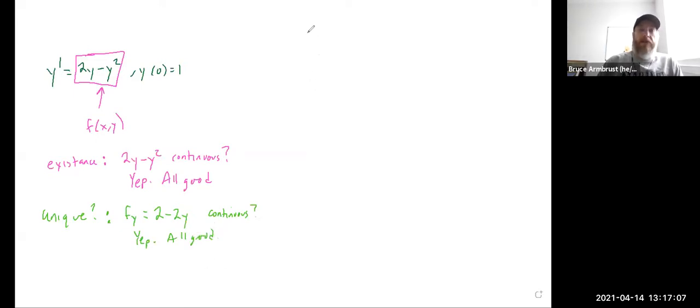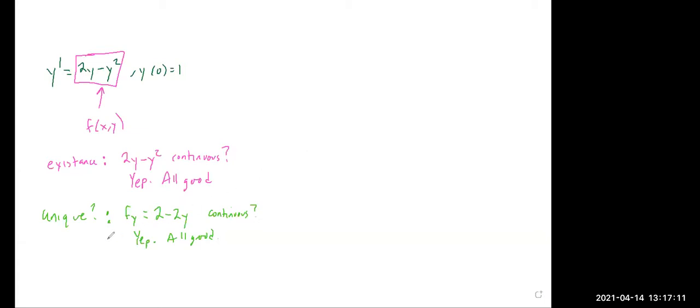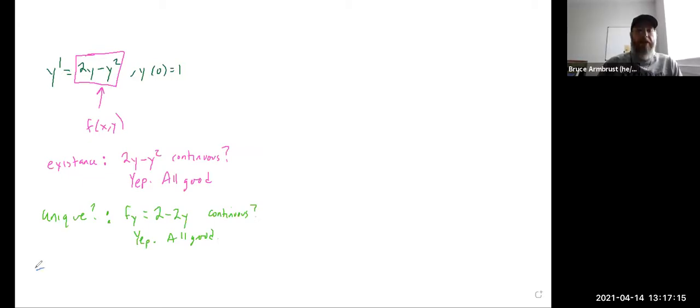So what does this tell us right now? There is a unique solution. And it didn't matter at all what our initial condition was. Since both of these are continuous everywhere, we know there's a unique solution.